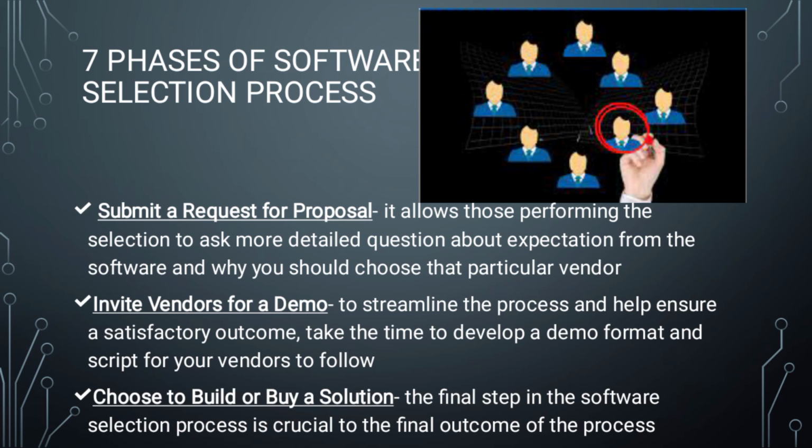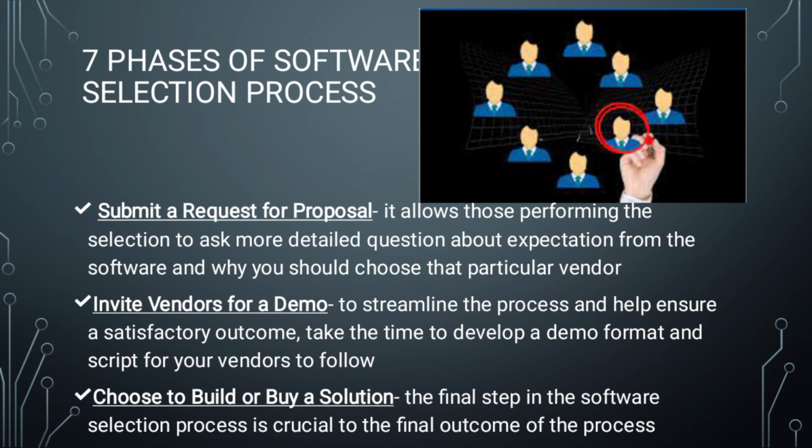Next is invite vendors for a demo. After receiving sufficient information about the final software vendors on your list, you will want to invite these candidates for a demo. This can help you to determine if the vendor is able to deliver what your company needs.